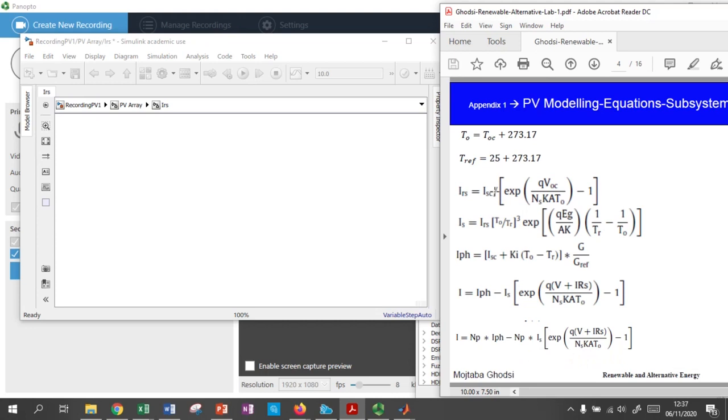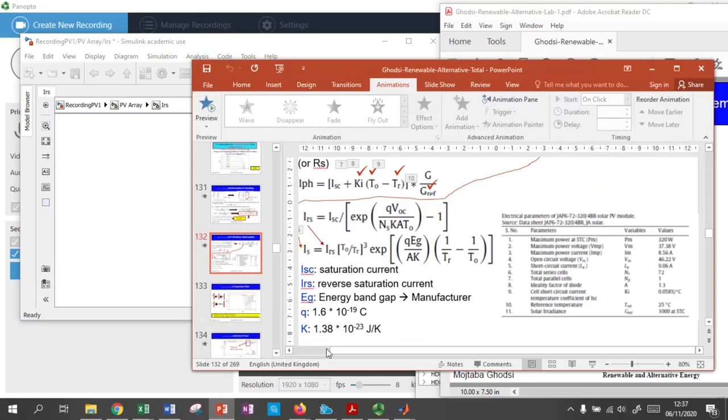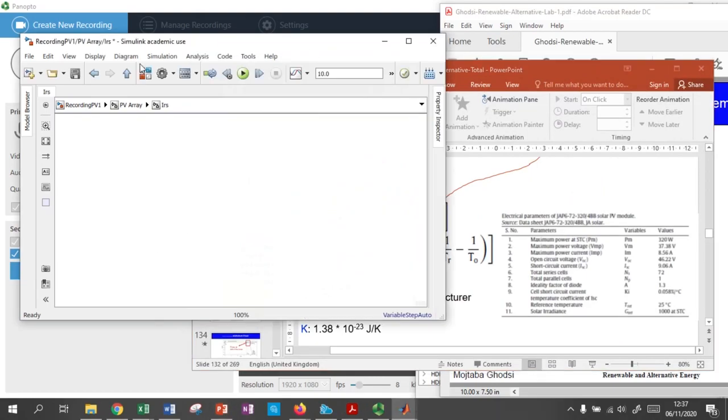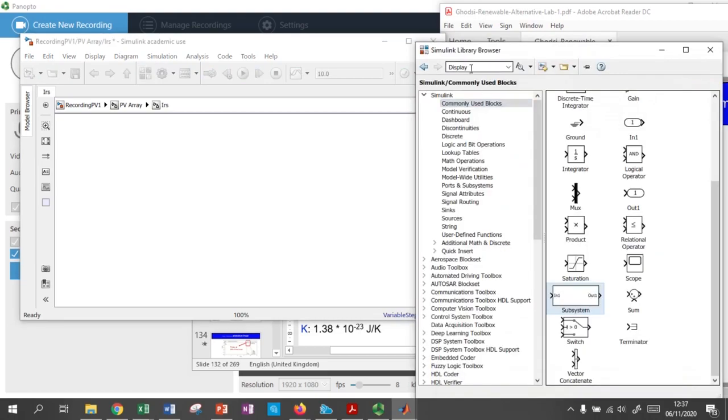In this PDF file we have one I short circuit, this one. Okay, then we need to have at first the Q. Q is a constant value as I remember. Yes, Q is 1.6 times 10 power minus 16. Then I will make a constant. At first I will find constant.